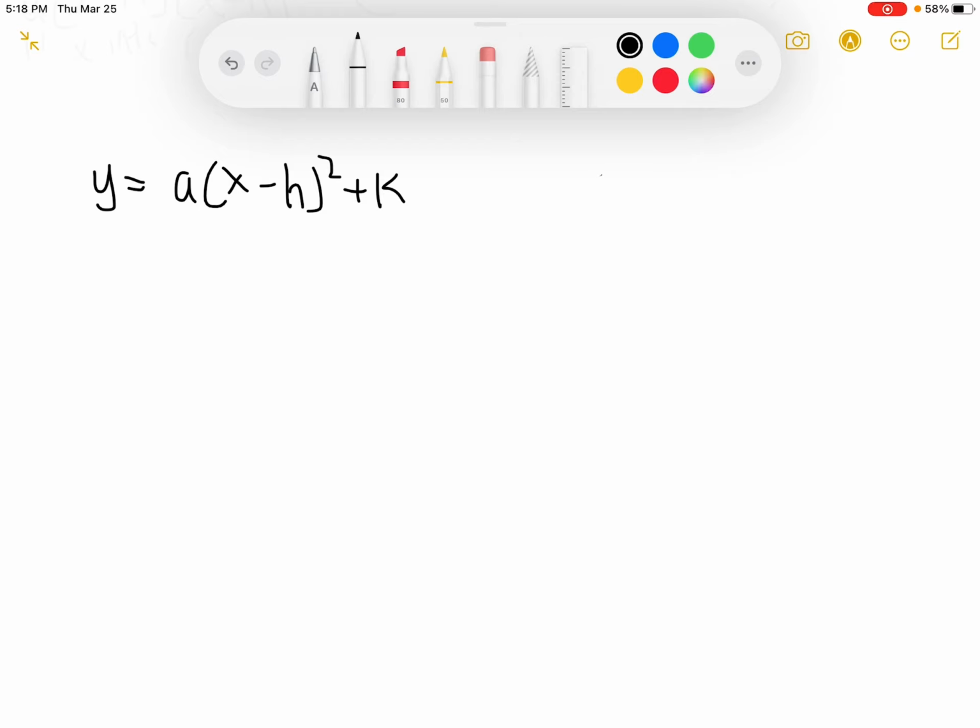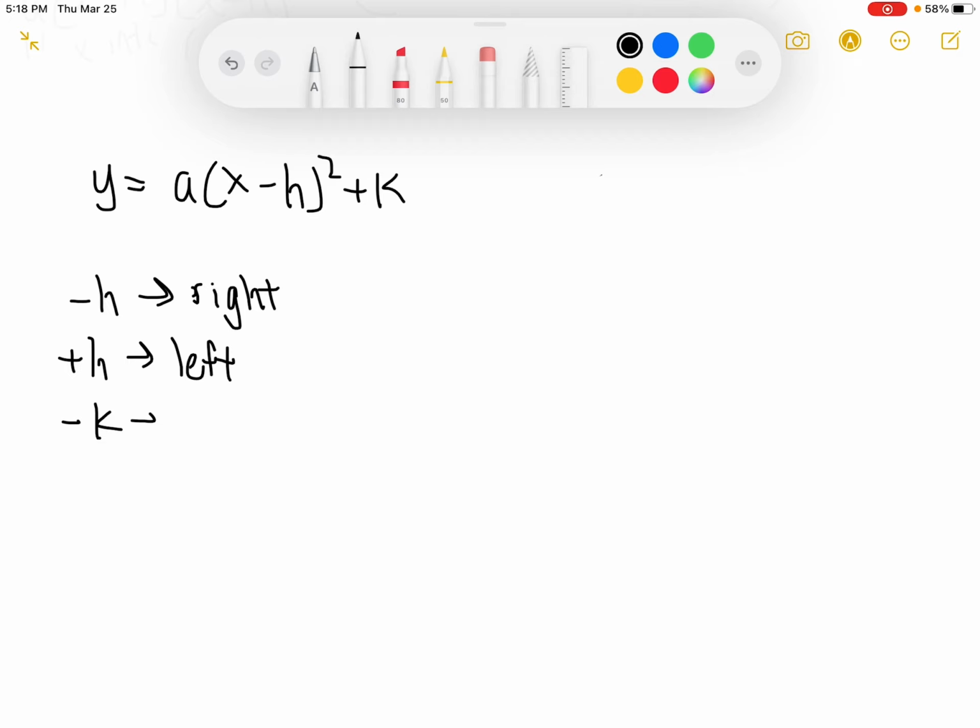If h is negative, you might be thinking it goes to the left, because usually left is negative, but really h is in terms of x, and if h was negative, then that would mean that x was positive, meaning that would go to the right. So it's backwards for this, so remember that. Don't get confused. Negative h means to the right. Positive h means it goes to the left.